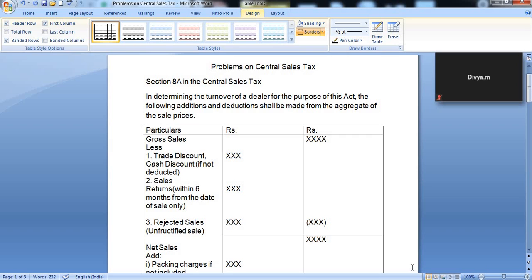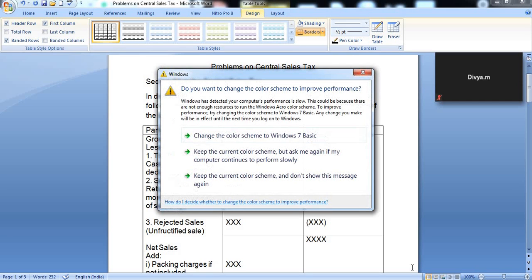Then cash discount is like you have to pay some amount to your seller.